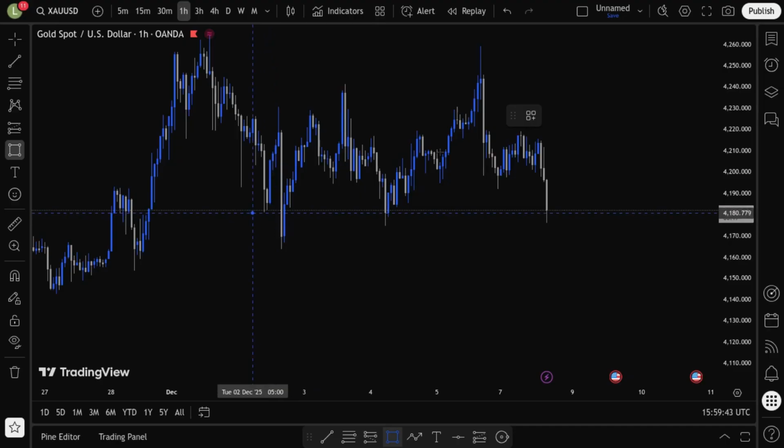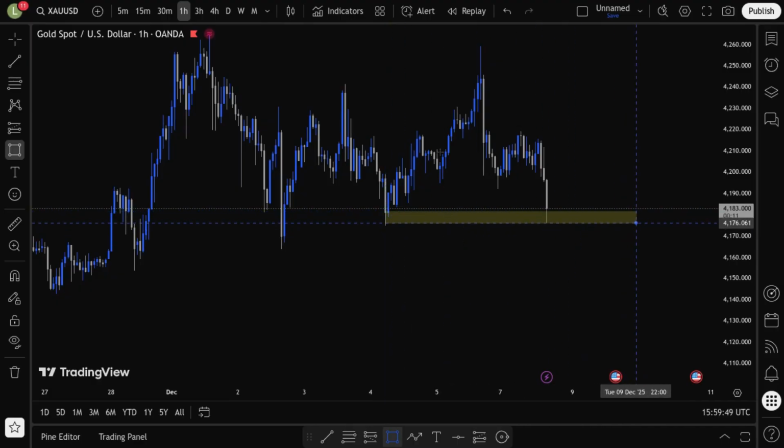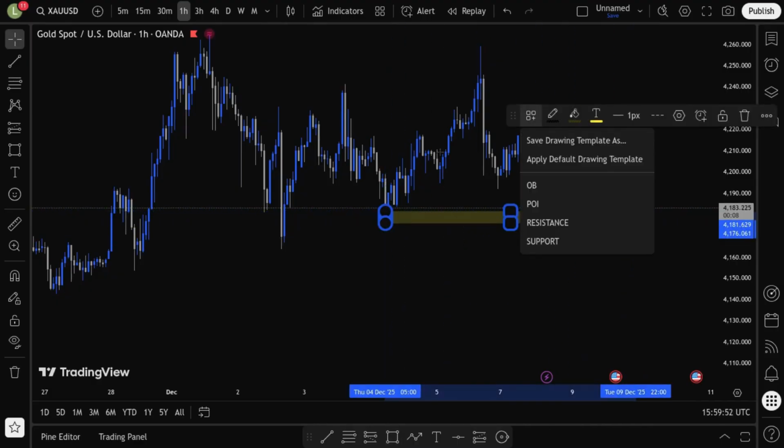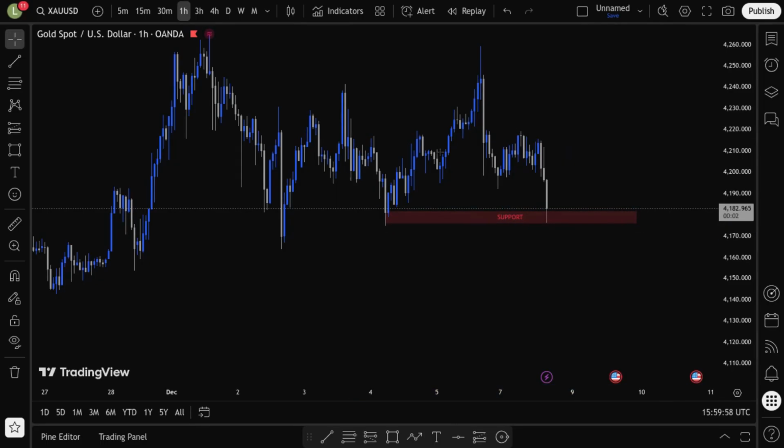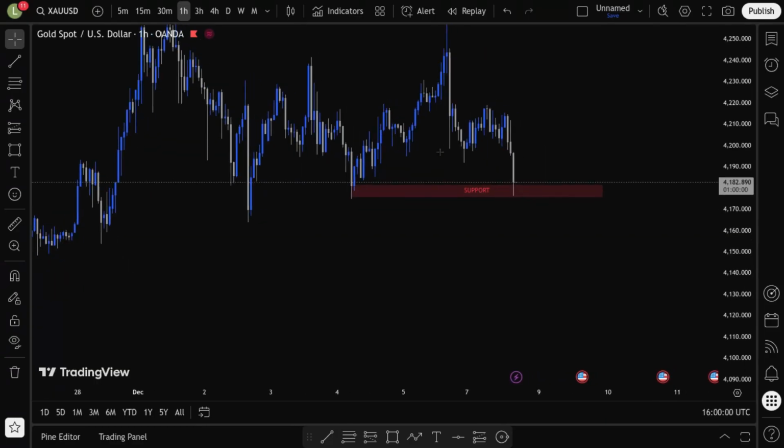Let's see if we come back. So now this right here, you see here, is what? Is it support, resistance, or supply and demand? It's a support. So now let me make it clear.